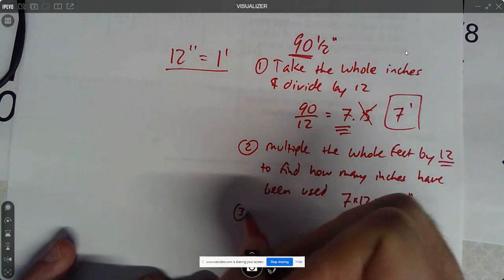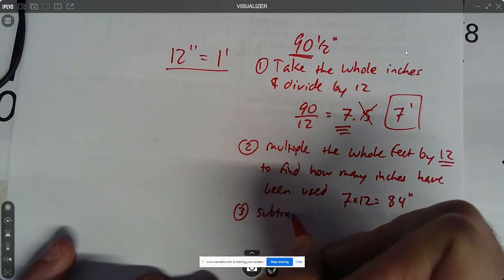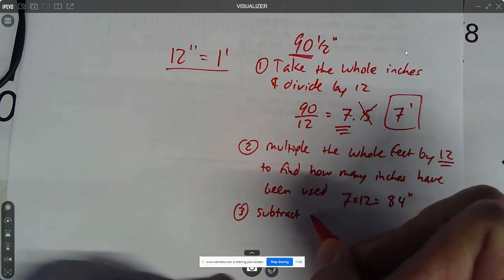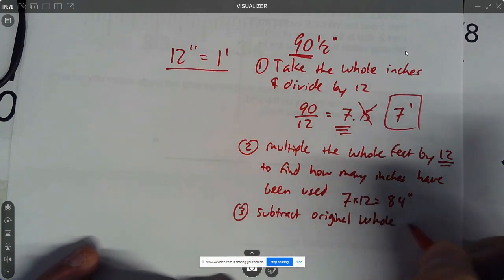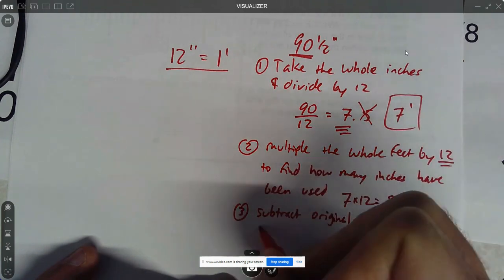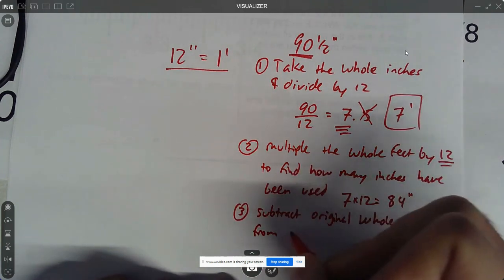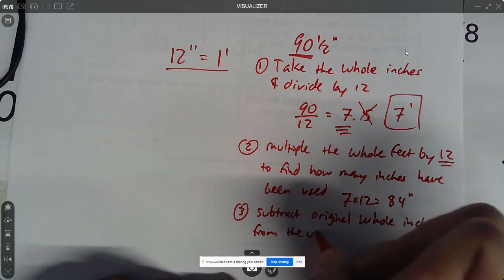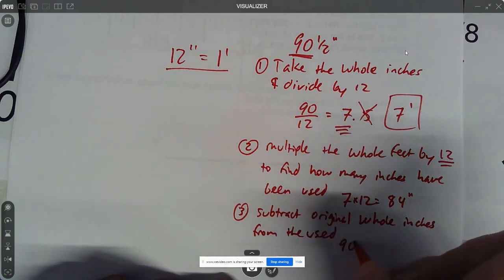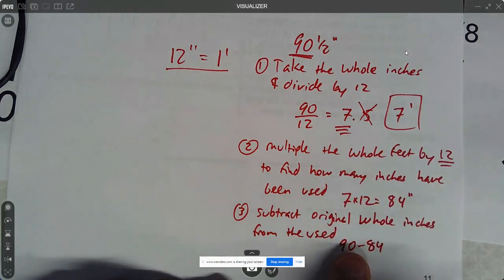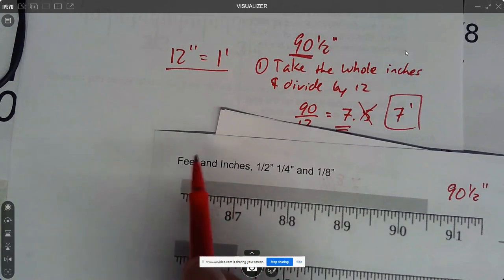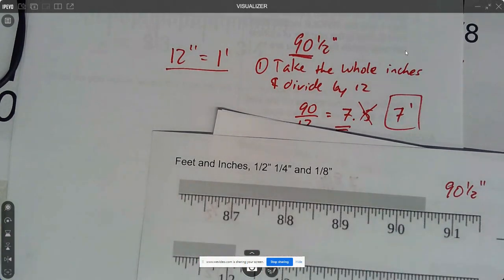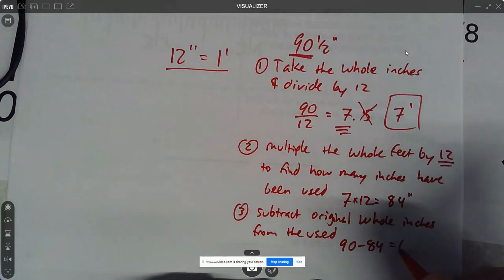Then we subtract the original whole inches from the used. So what I'm saying is we subtract 90 minus 84, because to get from 84 inches, which on our picture would be over here somewhere, up to 90, we had to go 6 more inches.